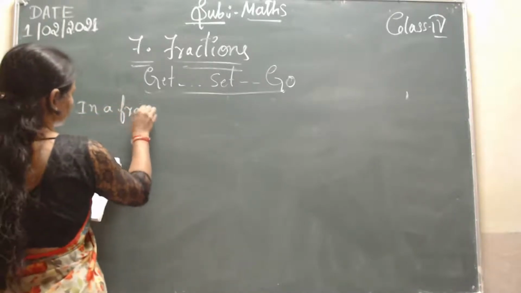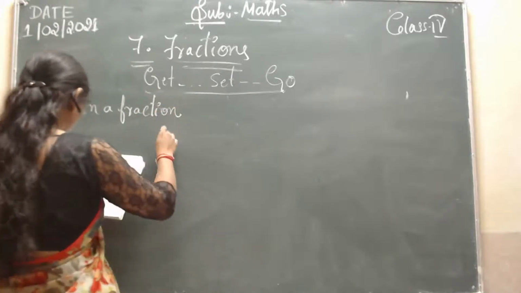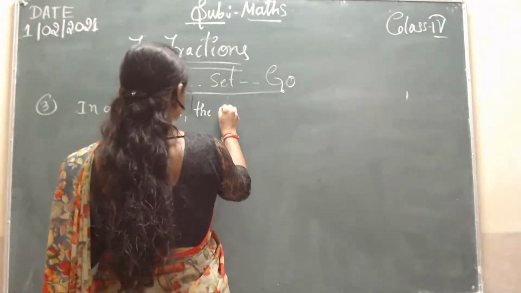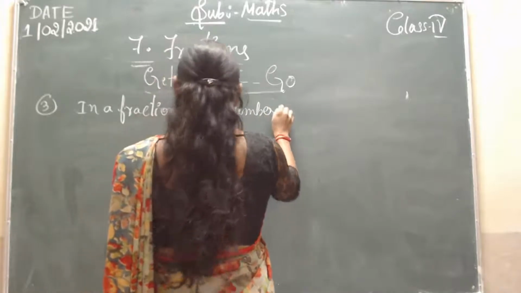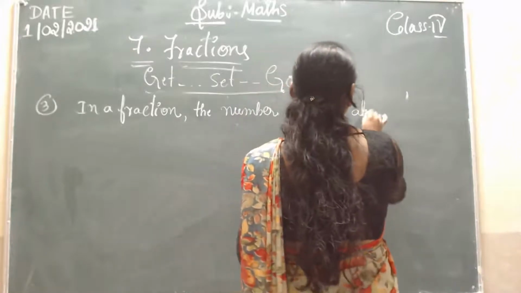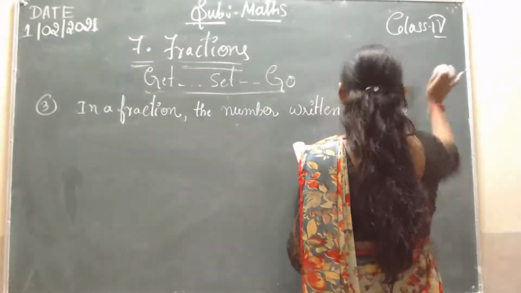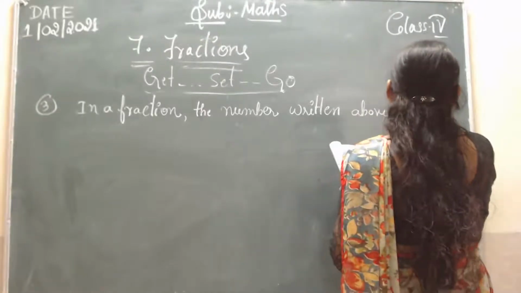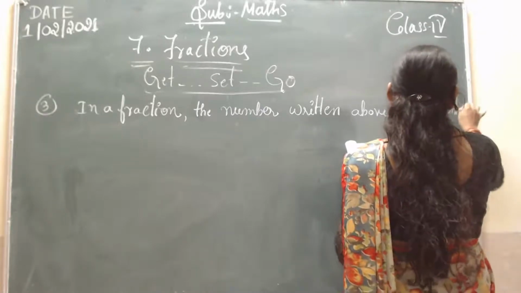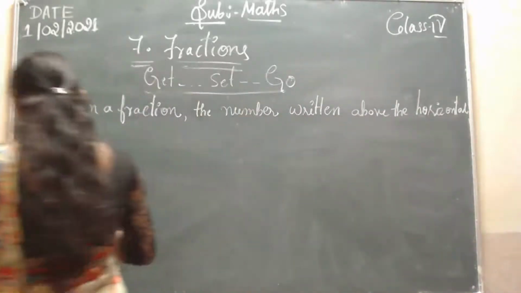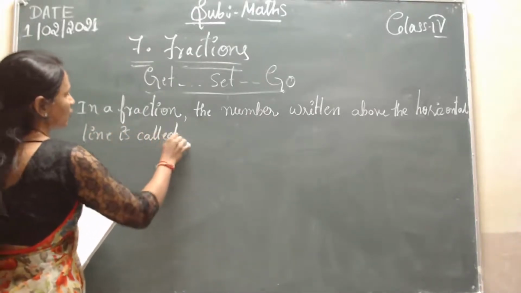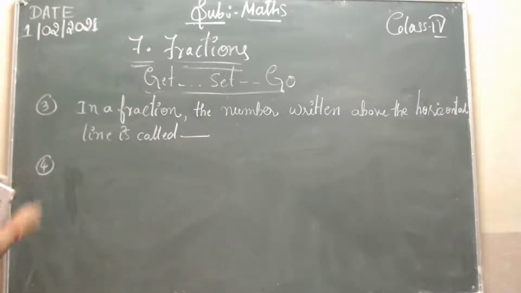Fraction, the number written above the horizontal line is called dash. This is question number 4.